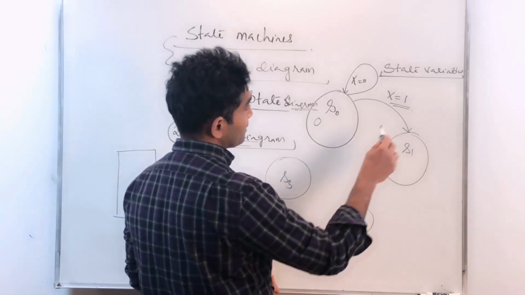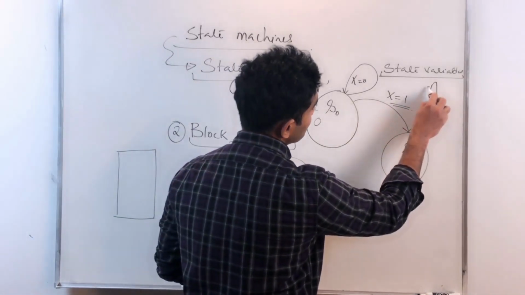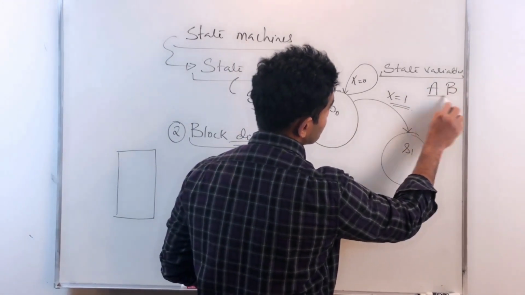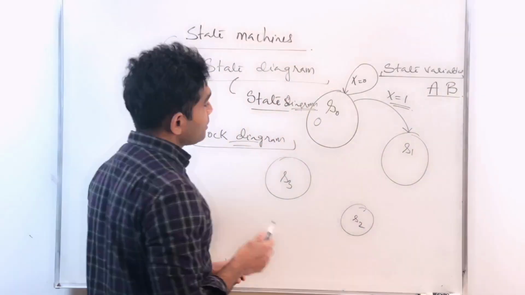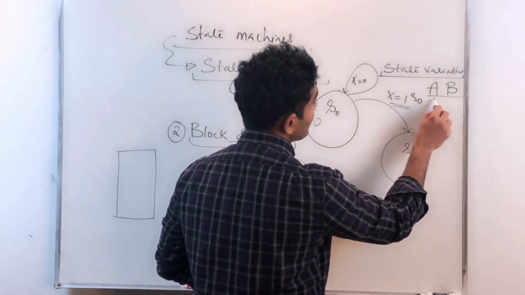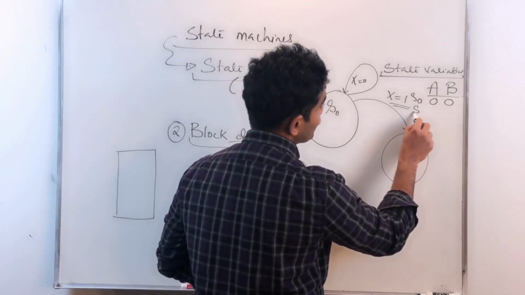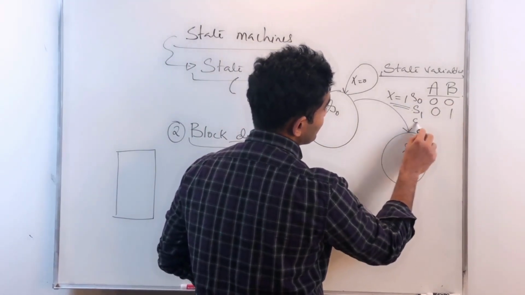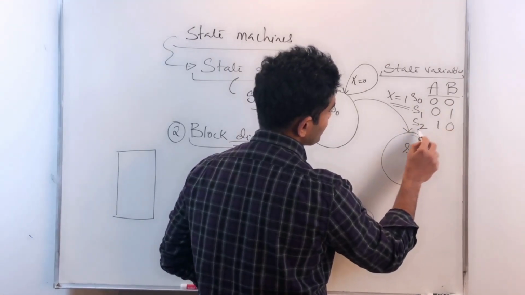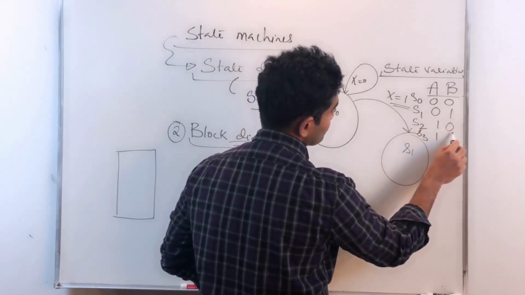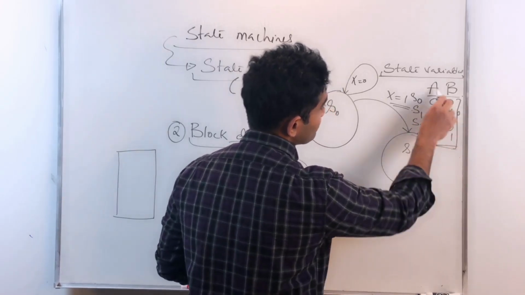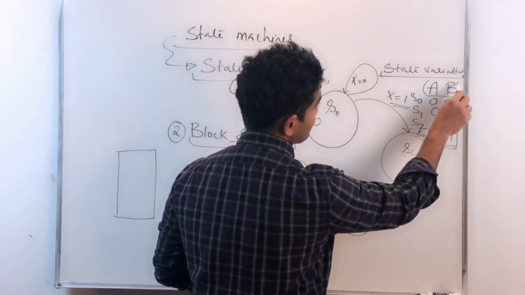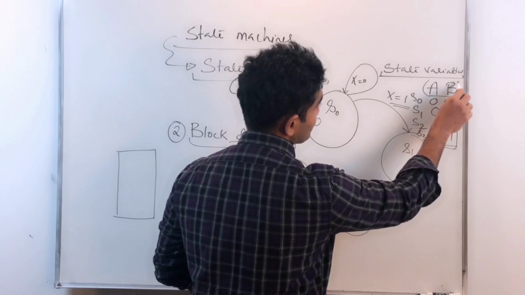Typically they are represented as A and B. So in this case, S0 is encoded as 0, 0. S1 is encoded as 0, 1. S2 is encoded as 1, 0. S3 is encoded as 1, 1. Okay. So my state encoding is basically saved in my state variables. My state variables encode the state information.